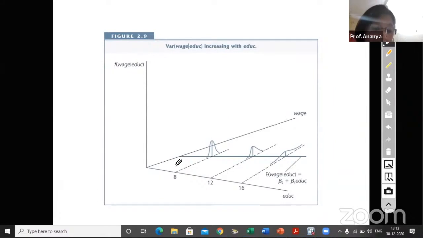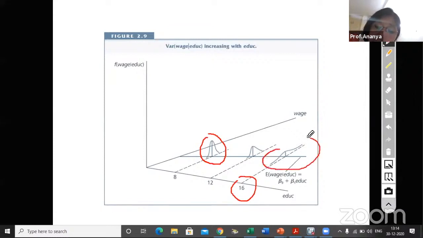Those with 8 years of education, you see their wages don't vary much around the average. If you have 8 years of education, there are just so many things that you can do. Some people will earn high wages, some will earn low wages, but there won't be much variation around that average. But when you look at people with 16 years of education, look at the kind of variation that you would observe. There can be a lot of variation of wages around the average.